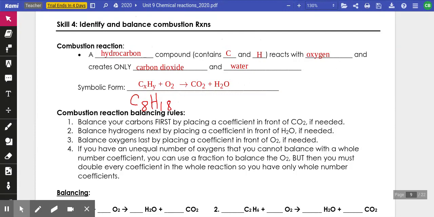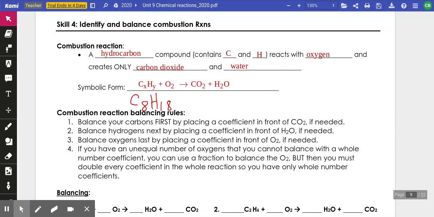When a hydrocarbon like C8H18 reacts with O2, those two things will combust, which just means light on fire. And when those two things light on fire, it turns into two new compounds, carbon dioxide and water. So you've lost the hydrocarbon, you've lost the oxygen, you've made two new things, carbon dioxide and water. That's it. That's all you should know.